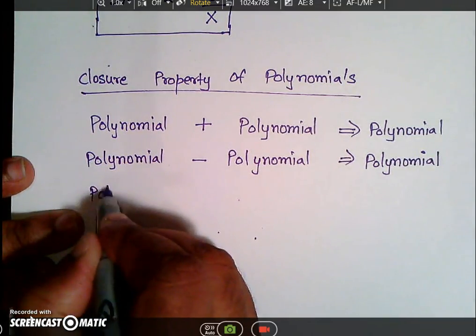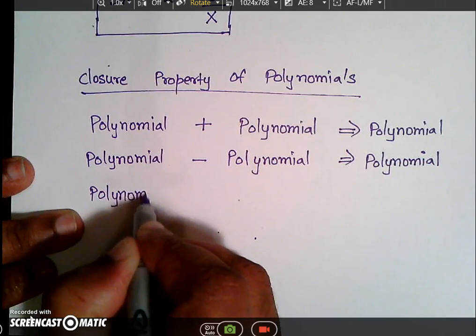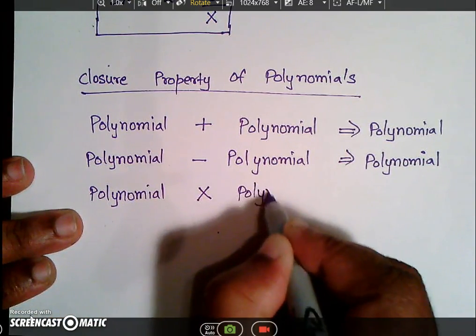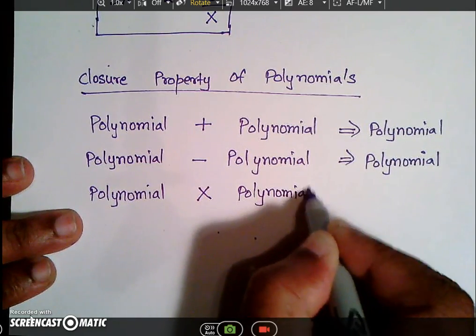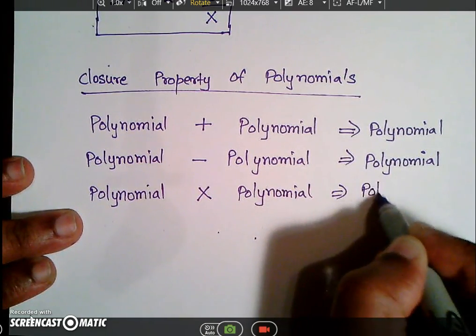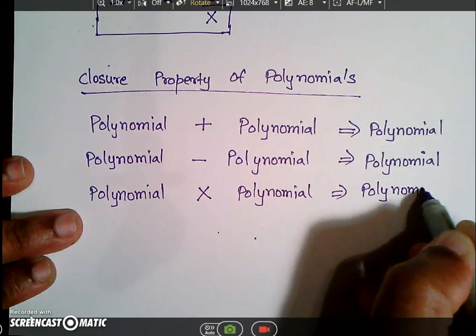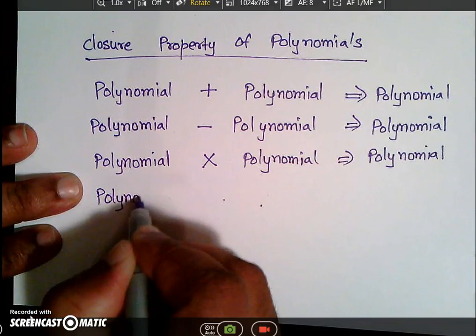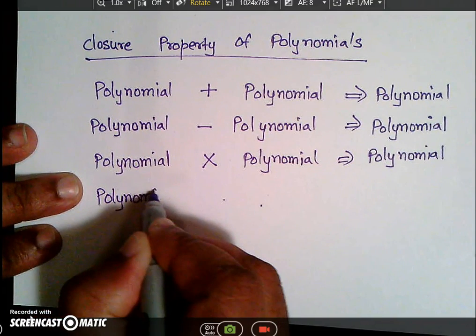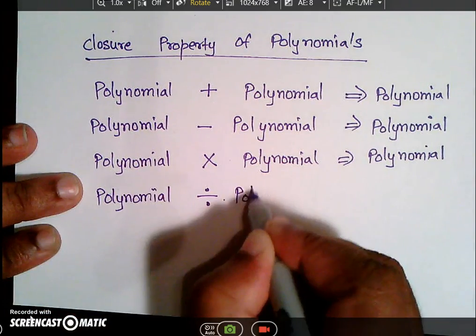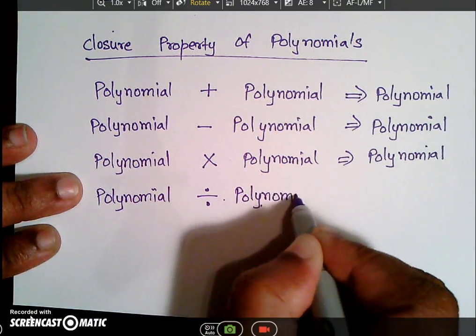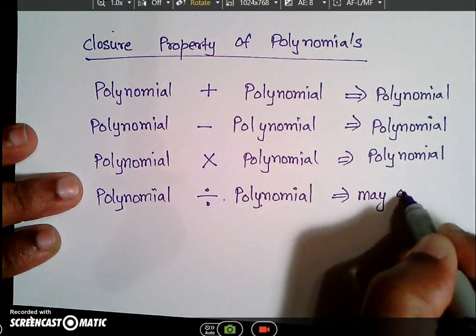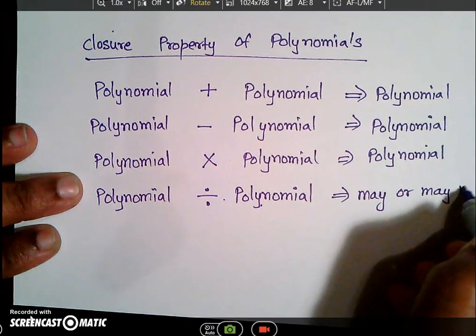When I multiply two polynomials, my answer again will be a polynomial. But when I divide two polynomials, I may or may not get a polynomial as an answer. I cannot say for sure.